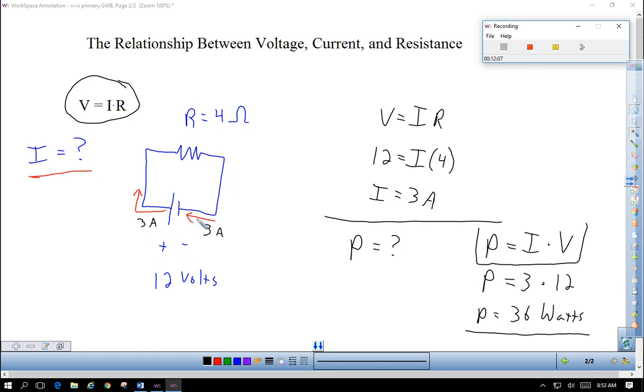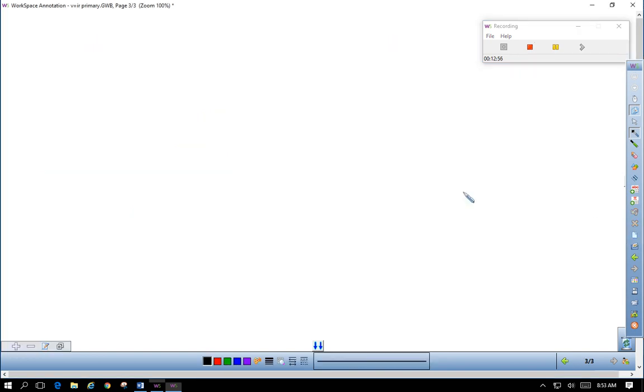All right, so just to re-emphasize that, and let's look at what happens. What if we have more than one resistor? Now, if I have more than one resistor, let's just say 2 resistors, and the question is, what happens with them? Well, there's a couple of ways to arrange 2 resistors.